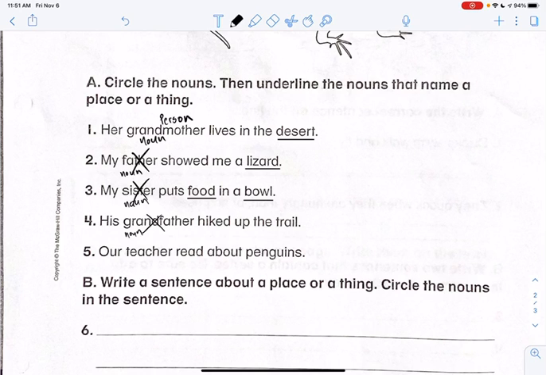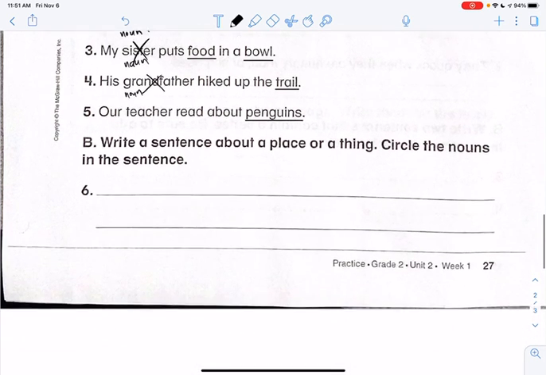Well, the trail is a place. All right, our teacher read about penguins. Well, we already know about lizards. Lizards are things, right? So wouldn't penguins also be things because they're both animals? Yep.